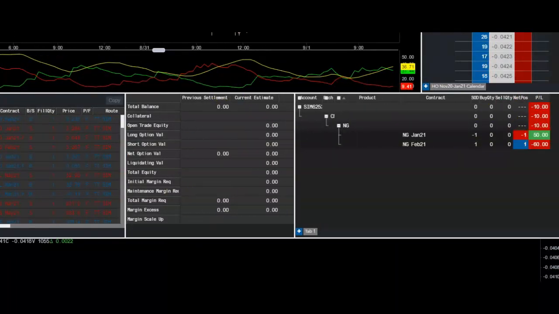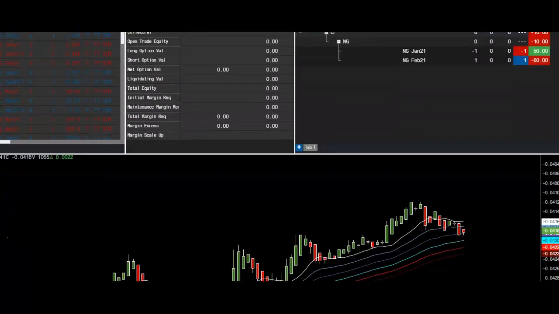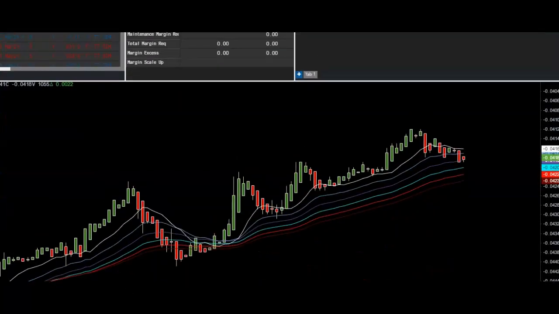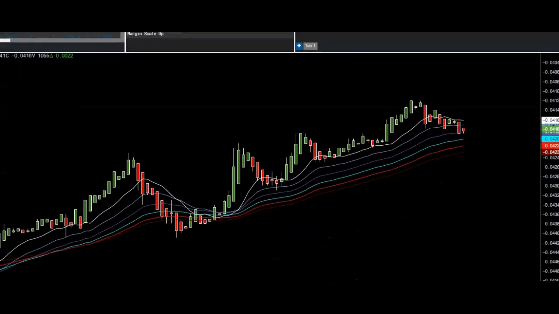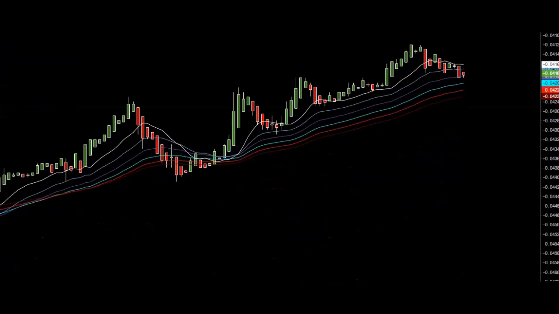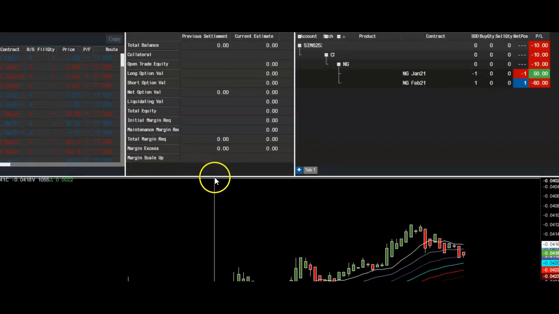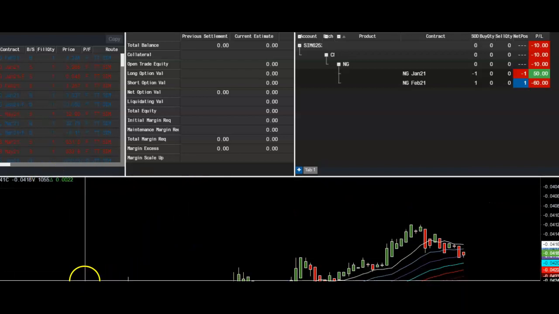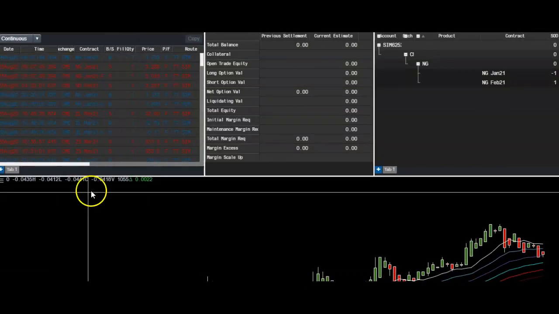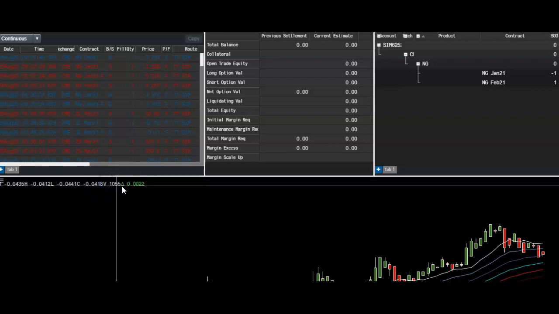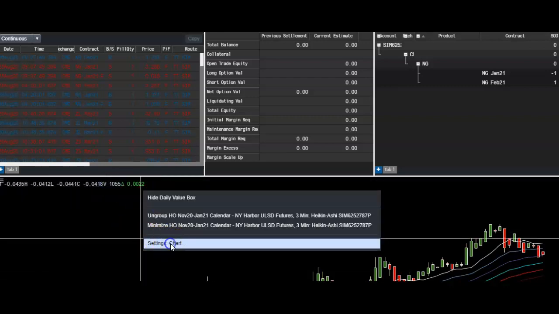And then here's just a nat gas trade going on sim. Okay. But then down here I added this chart. I added a 3-minute. I connected it to the workspace. Okay, so that way when I click on the market grid up there, it'll give me this too. So now I'll have my smaller time frame.